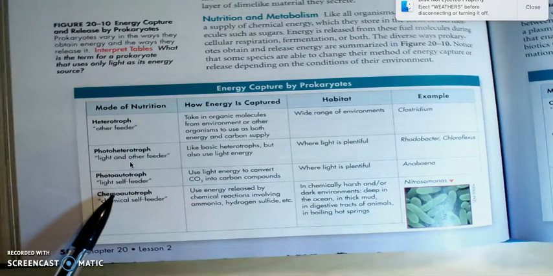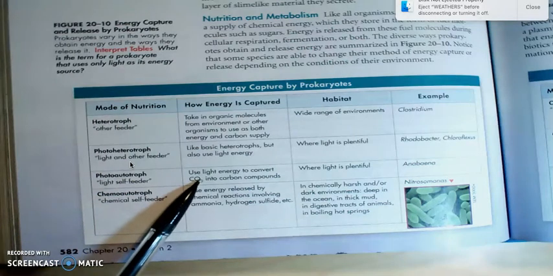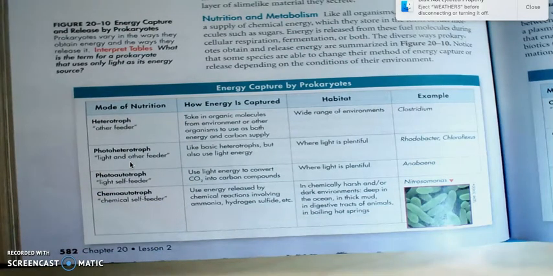Now, the photoautotroph, these are bacteria that can make their own food. Photo, meaning they need light to make their own food. They use light energy to convert carbon dioxide into carbon compounds. They live where light is plentiful.